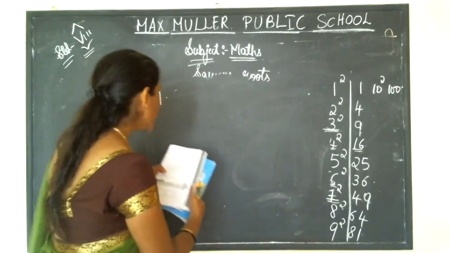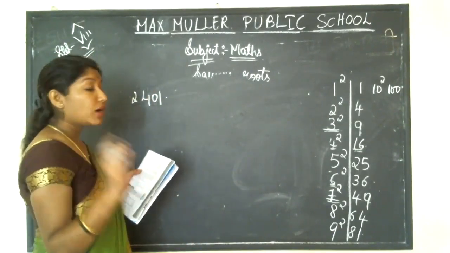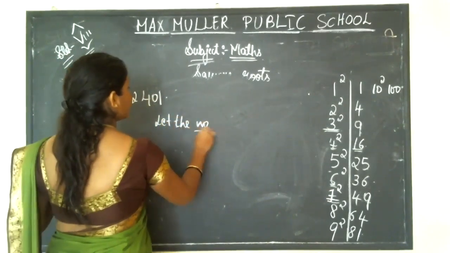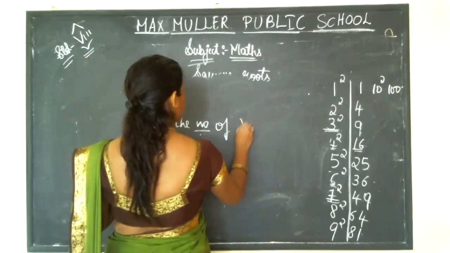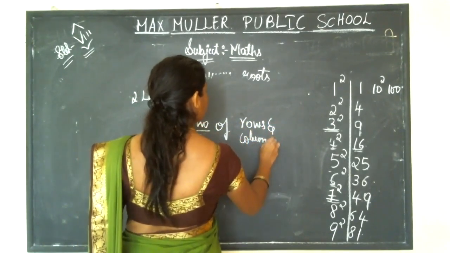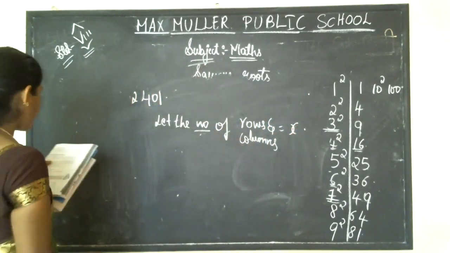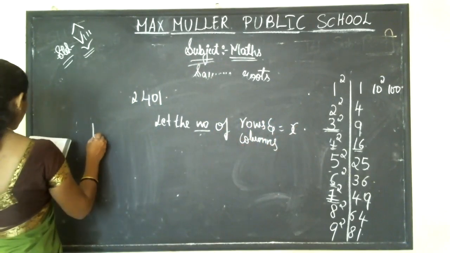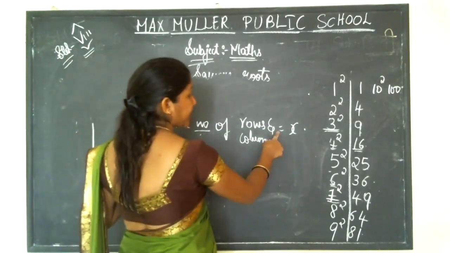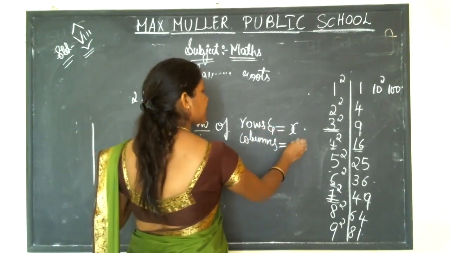So what will you be doing here? You don't know how many rows and how many columns there are. So let the number of rows and columns be X. X is for rows and another X is for columns.